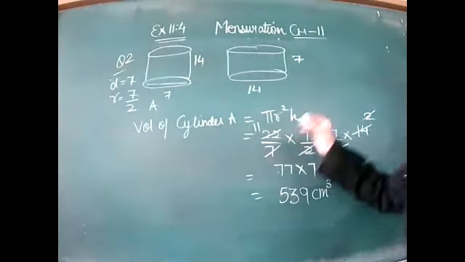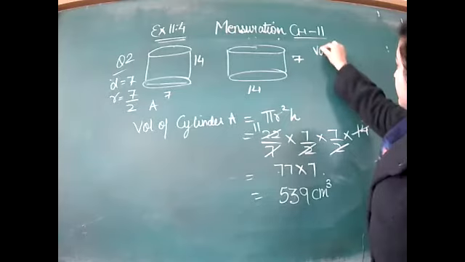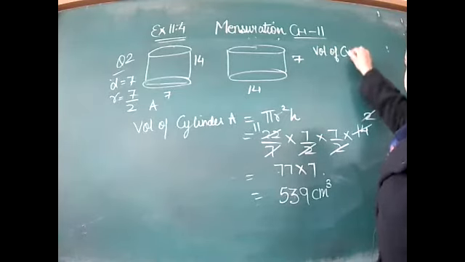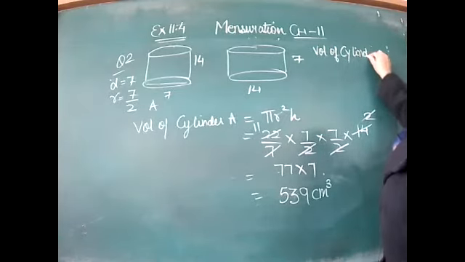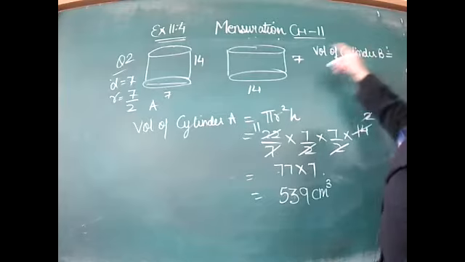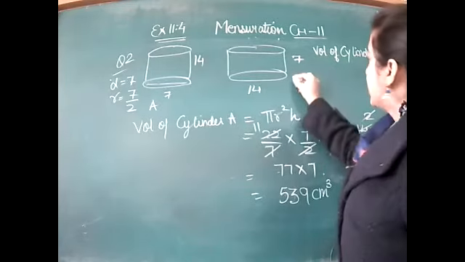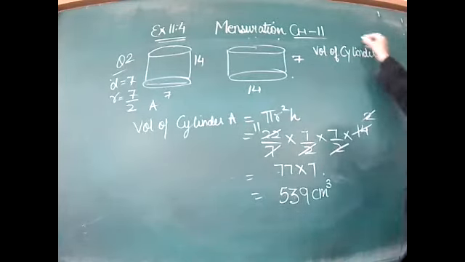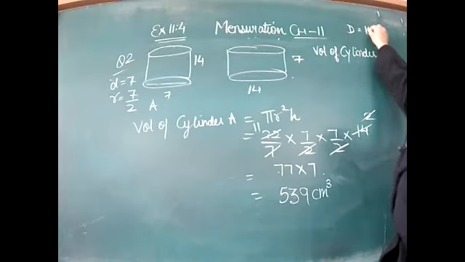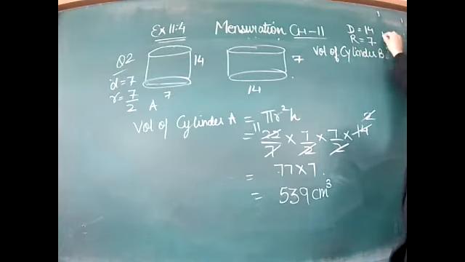Volume of cylinder B. Its diameter, capital D, is 14. So radius will be 7. And height is also 7. Got it? So this detail you will write.